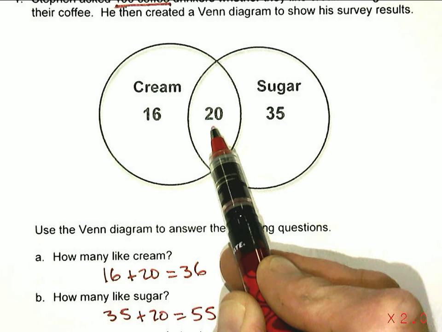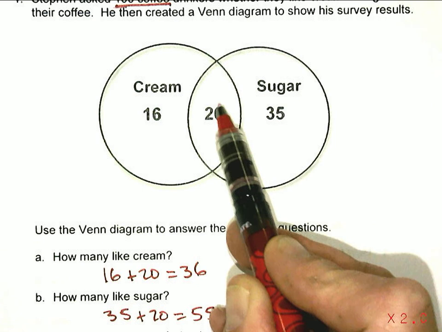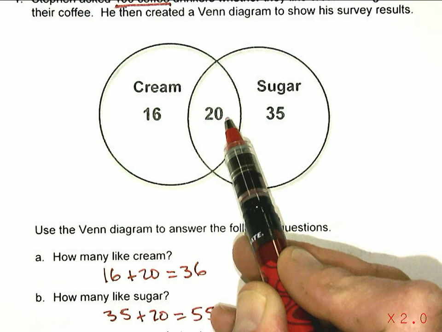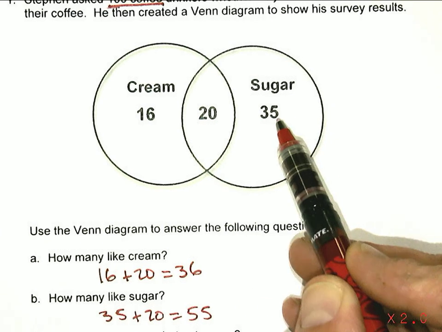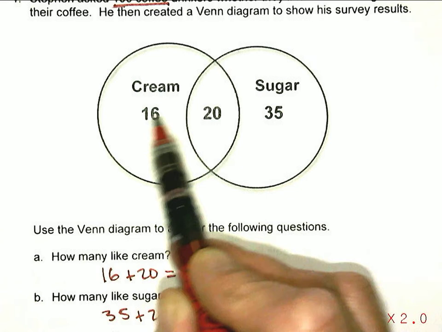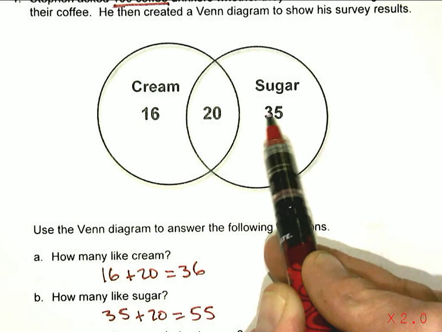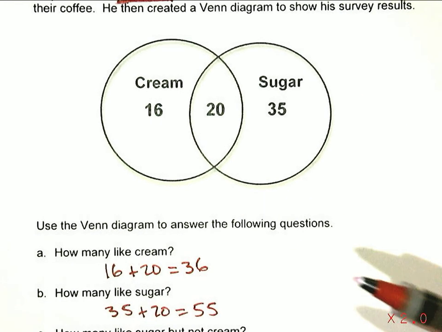Do they like either cream or sugar? And so in the case of these 20 in the middle, yeah, they like cream or sugar, either one, or both in this case. And then these people like cream or sugar, and they're the ones that like sugar. So everybody inside here likes cream or sugar. And in the case of the middle ones, both.